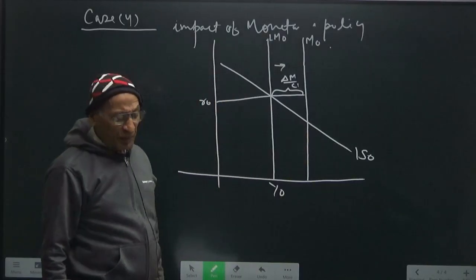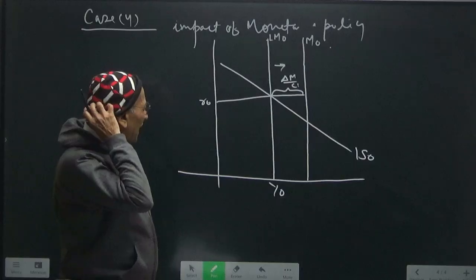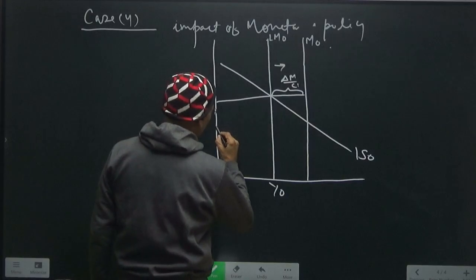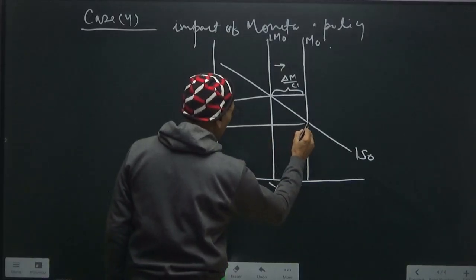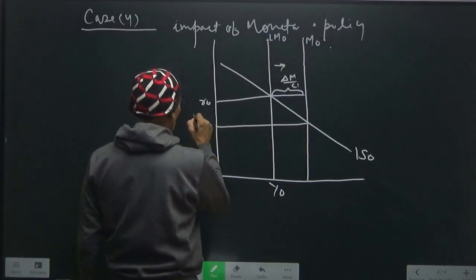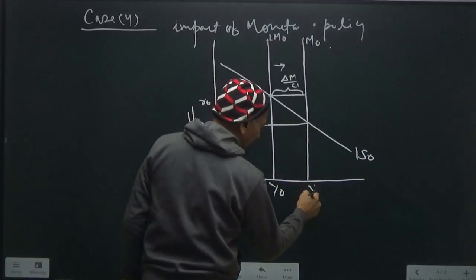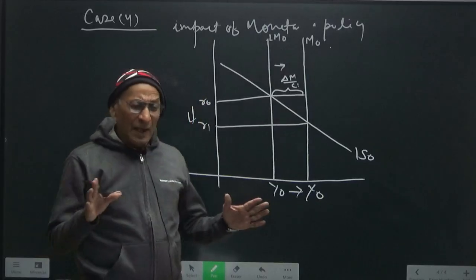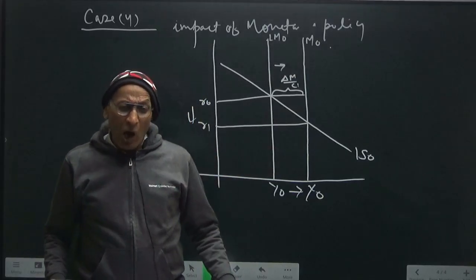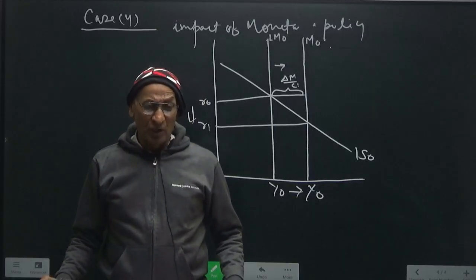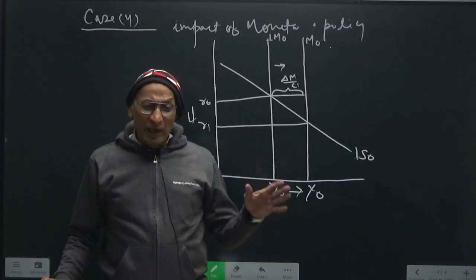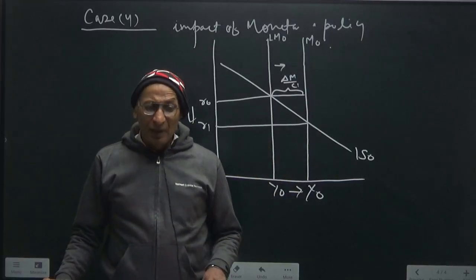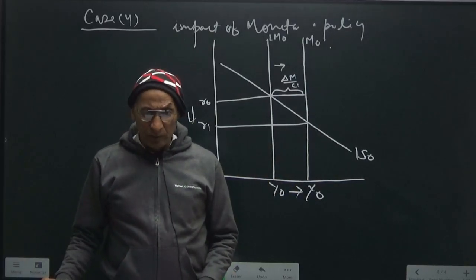With the excess supply of money, the rate of interest will decrease. This will become R1 and income will increase. Okay. Broadly, I have explained to you how you have to answer the question. Accordingly, you have to mention all the 4 points, then this will be the complete answer of this question. Okay.